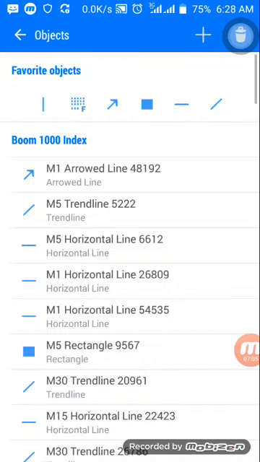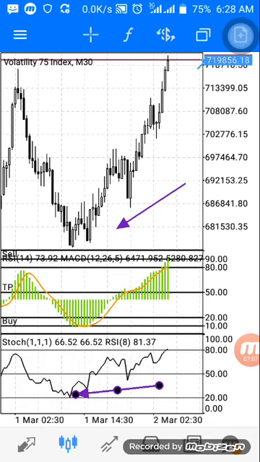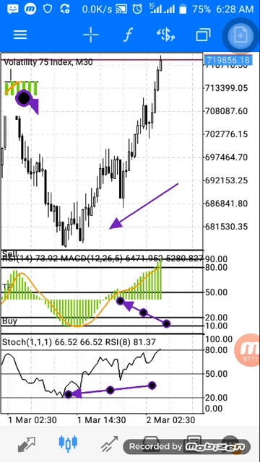We are using this other window just as a confluence. This one too, the gold line, should also be at the level, curving up.